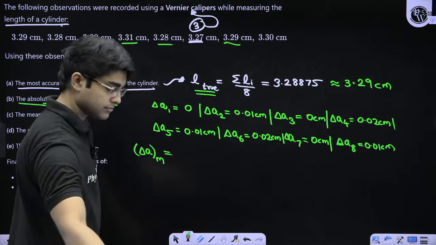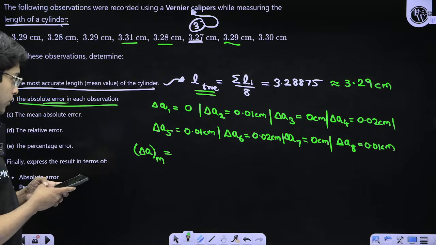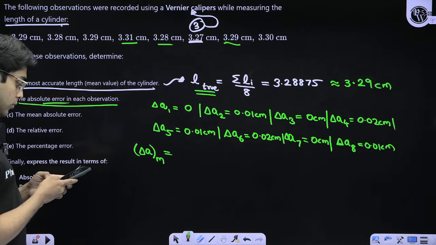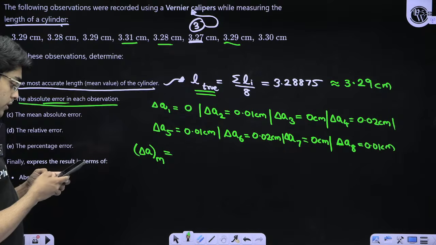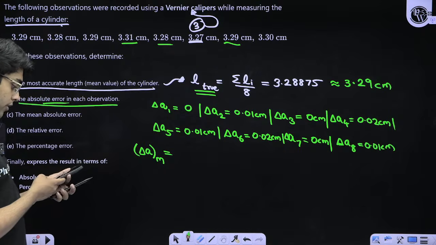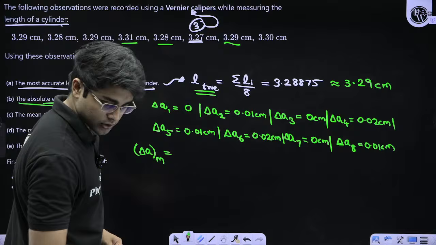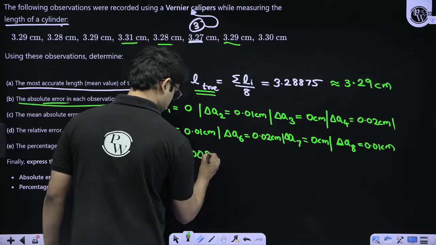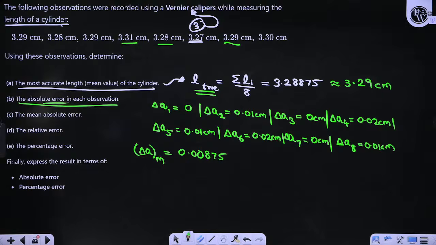So you basically add all these 0.01 plus 0.02 plus 0.01 plus 0.02 plus 0.01, and there were 8 observations, so divide it with 8. So the answer is coming out to be 0.00875. Okay, this is what we are getting as the mean absolute error.